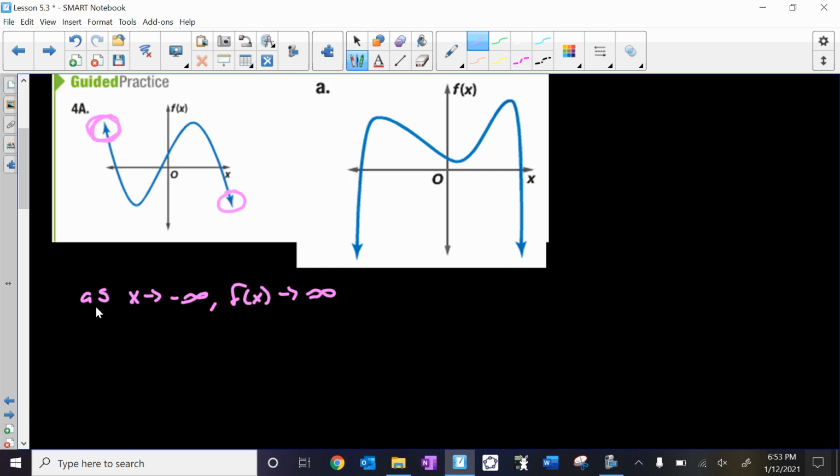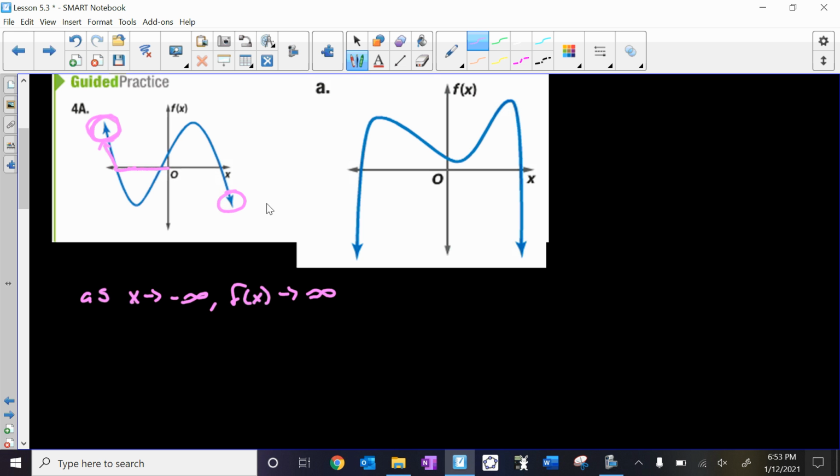So what does this mean? As I put in big negative numbers, or as I'm going left, that's what the first part is saying. As I put in x values that are negative, going left, my graph, f of x, is going up. So if it's going up, I have positive numbers. Do the other one over here as well.